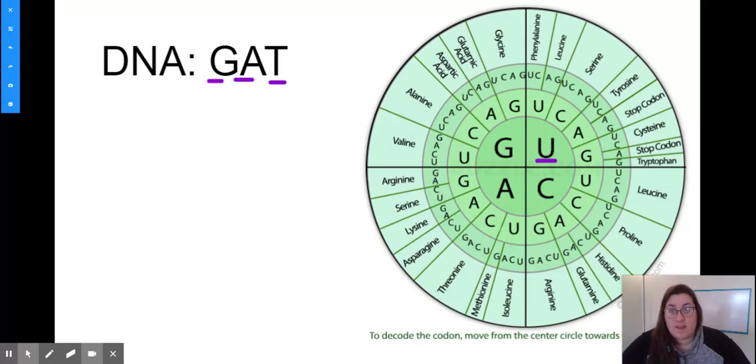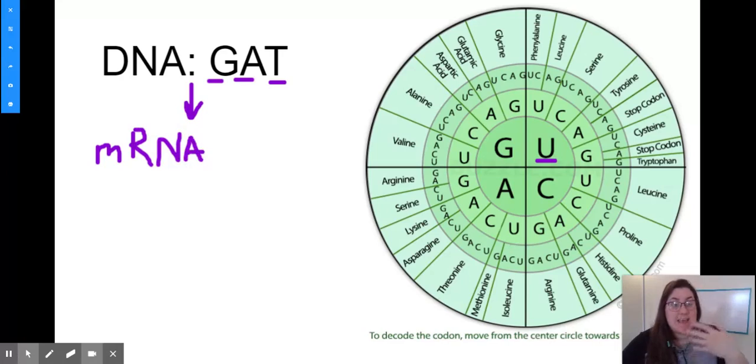So the first thing that I have to do is actually transcribe my DNA into my mRNA molecule. Remember, this is our messenger molecule. This is the part that can leave the nucleus and can actually get taken to the ribosome in order to do protein synthesis. So my DNA is GAT, and my mRNA is going to be the complement of that.